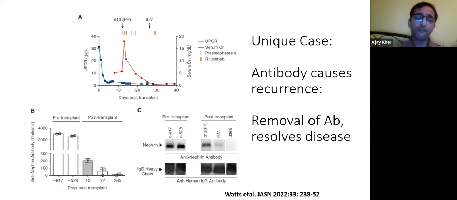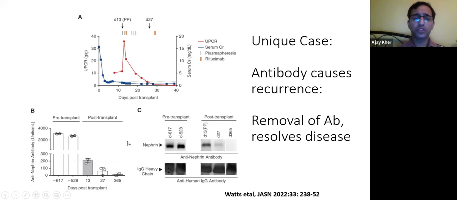So they checked the effluent of the plasmapheresis, and that also had anti-nephrin antibodies. And then later on, they had serum samples on day 27 and 1 year, and the anti-nephrin was absent, correlating with absence of the disease.